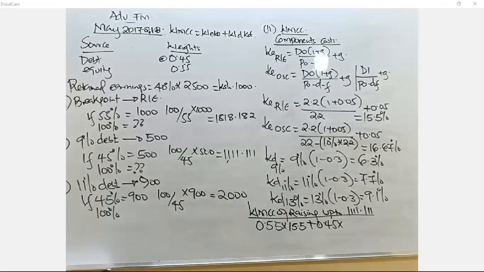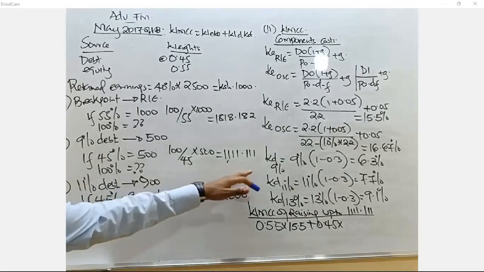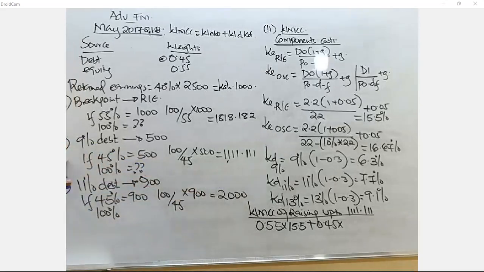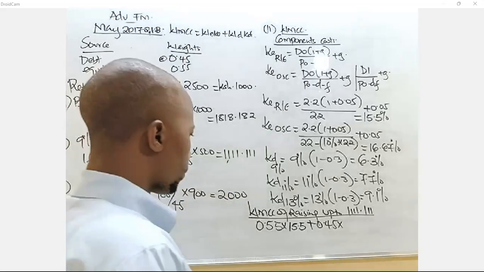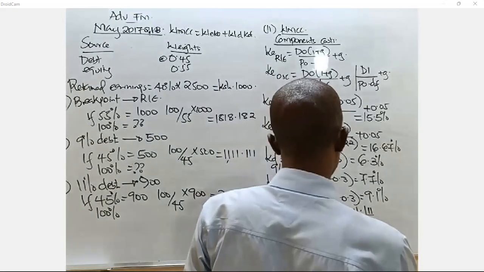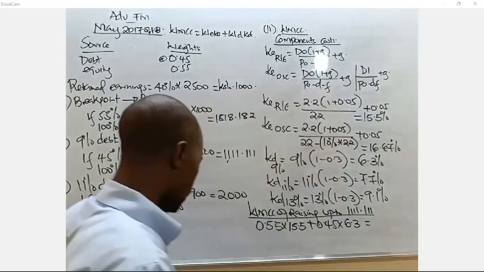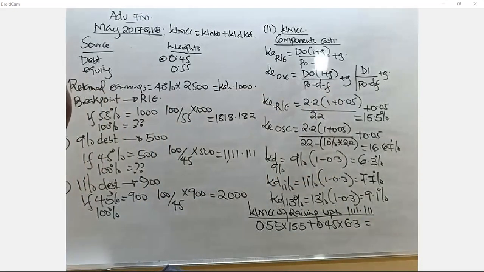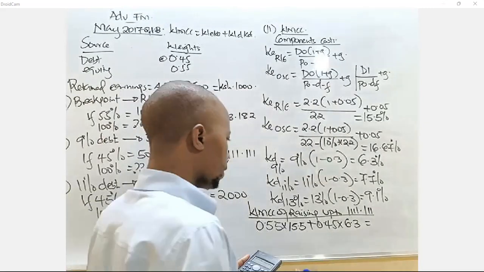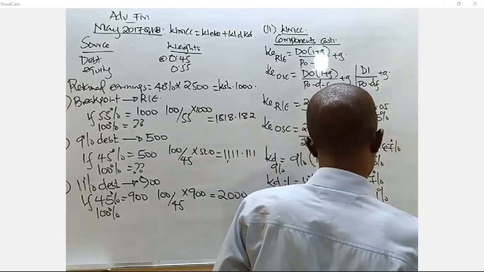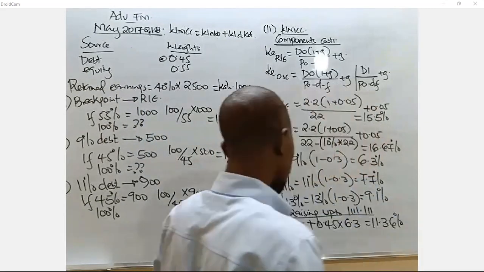Which one are we using? The cost of debt which we are using, you can see, is the 9%. The 9% is giving you up to 1.1, which is 6.3 after tax. So 0.55 times 15.5 plus 0.45 multiplied by 6.3, we are getting 11.36%. That is the WMCC.